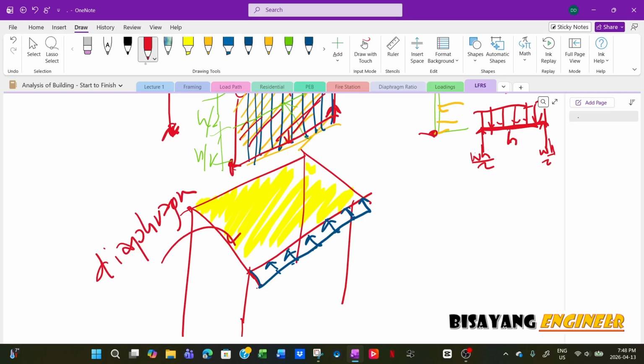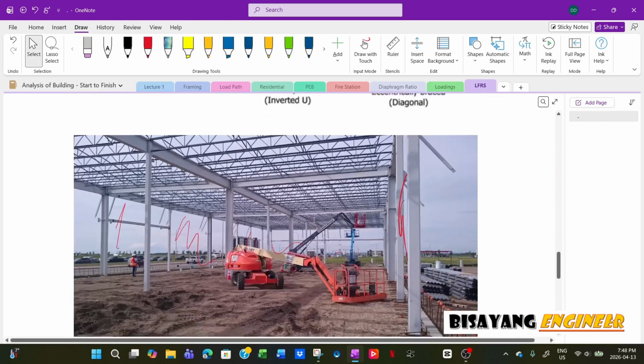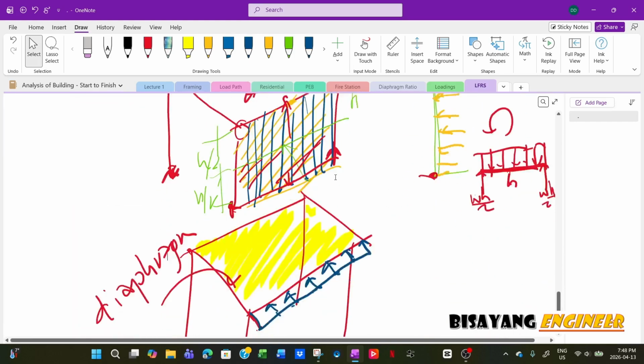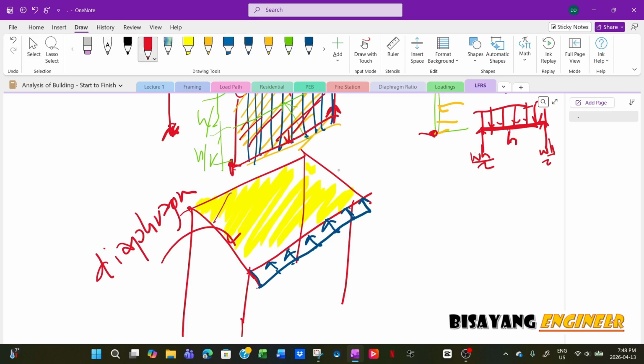Now in this particular building, I am using a steel deck. So this is a steel deck on steel joist. Now to analyze the diaphragm, it's the same theory as if you design a beam, but it's just horizontal. So say this is your deep beam, and then this is your load.